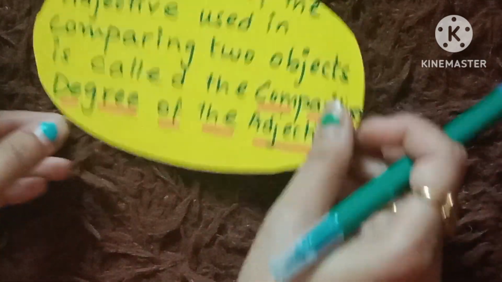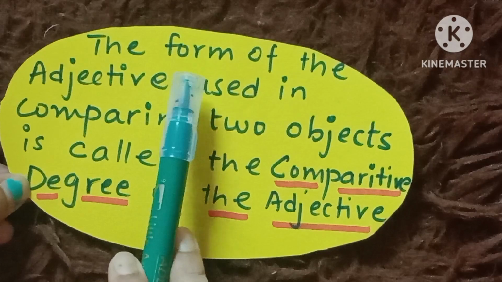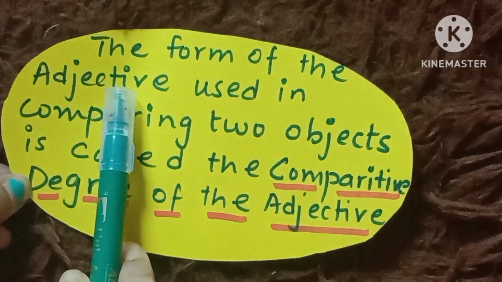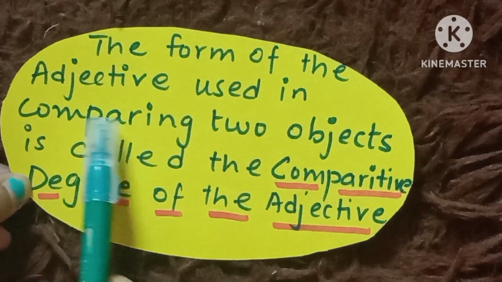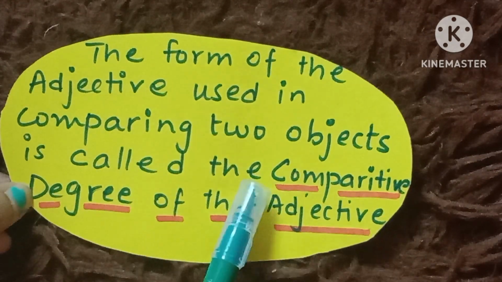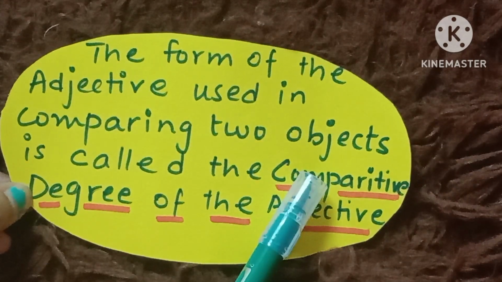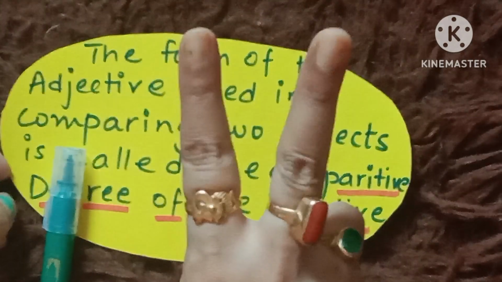Then what do we have next? The form of the adjective used in comparing two objects is called the comparative degree of the adjective. Now we are comparing between two.